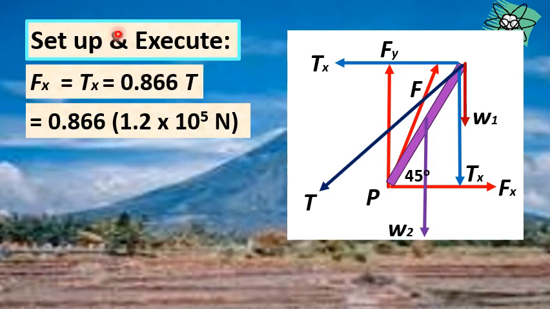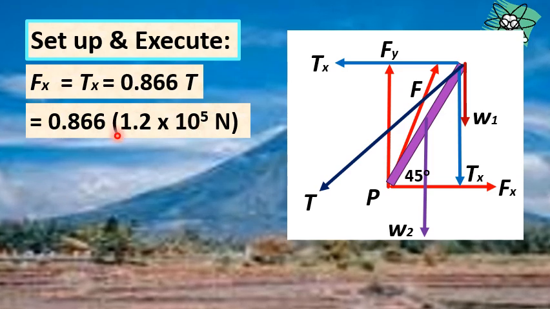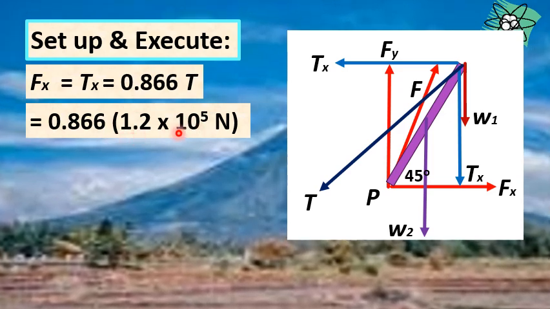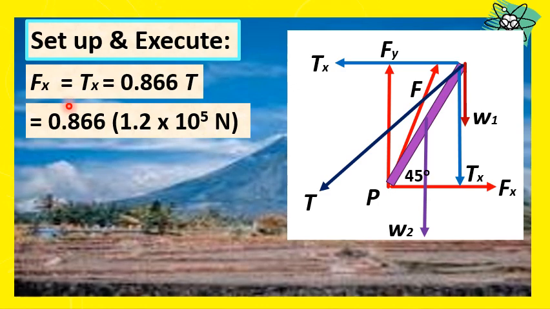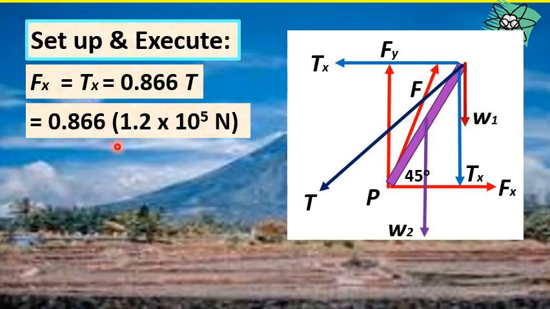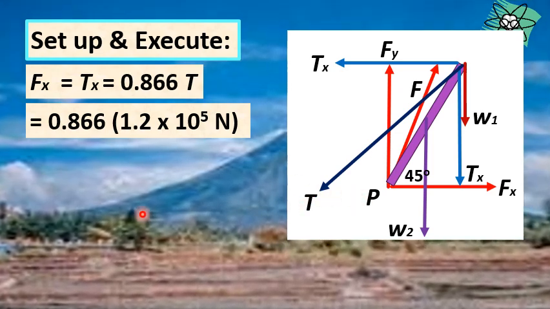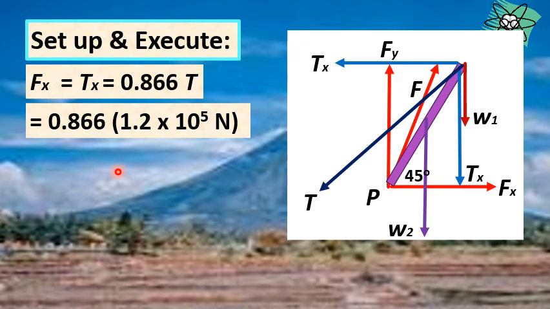Now that we know the magnitude of the tension force capital T, which is equal to 1.2 times 10 to the fifth power Newton, we can now proceed in computing the magnitude of the force F. First, we start with its x component.